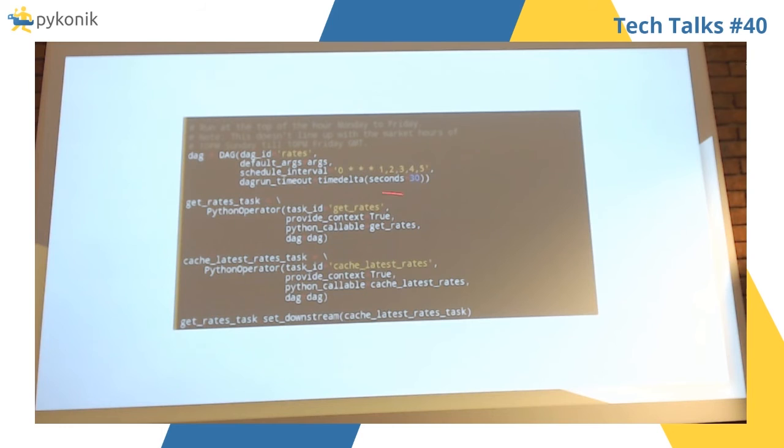There is a definition of the main DAG and its schedule. There we get the rates. It's a task. You see, we use a Python operator to create the task. There is a cache latest rates task. And as you see, there is a definition of which one is the first and which one is the last. We can write it in this manual way.